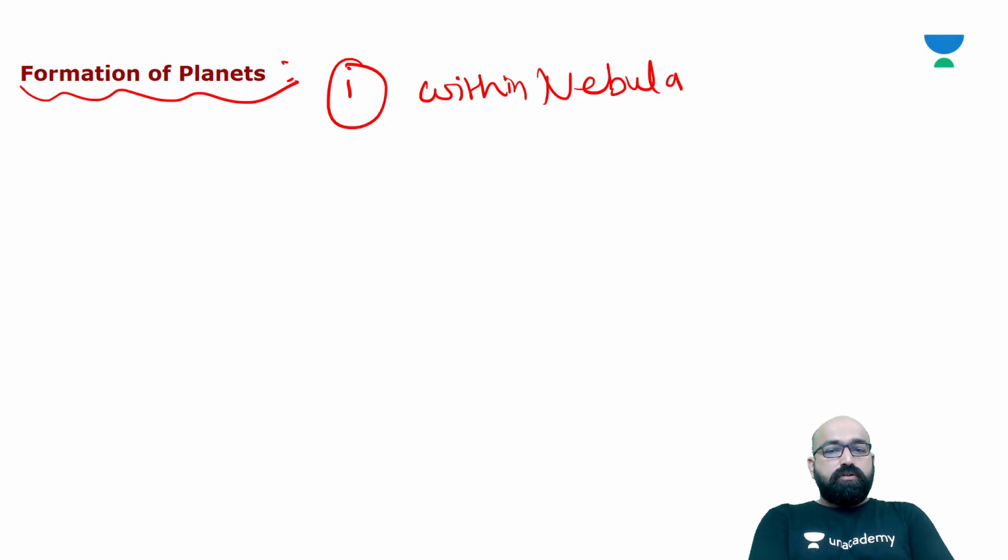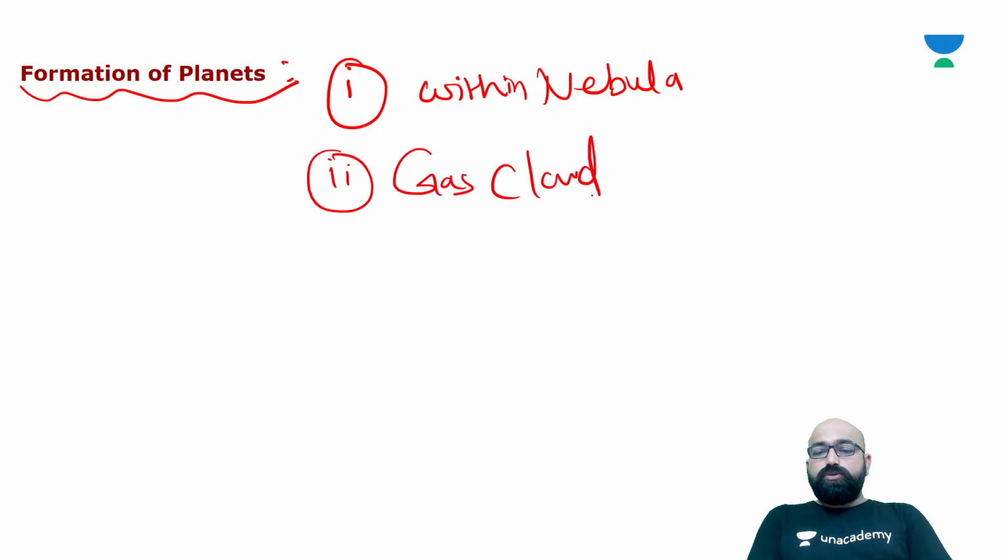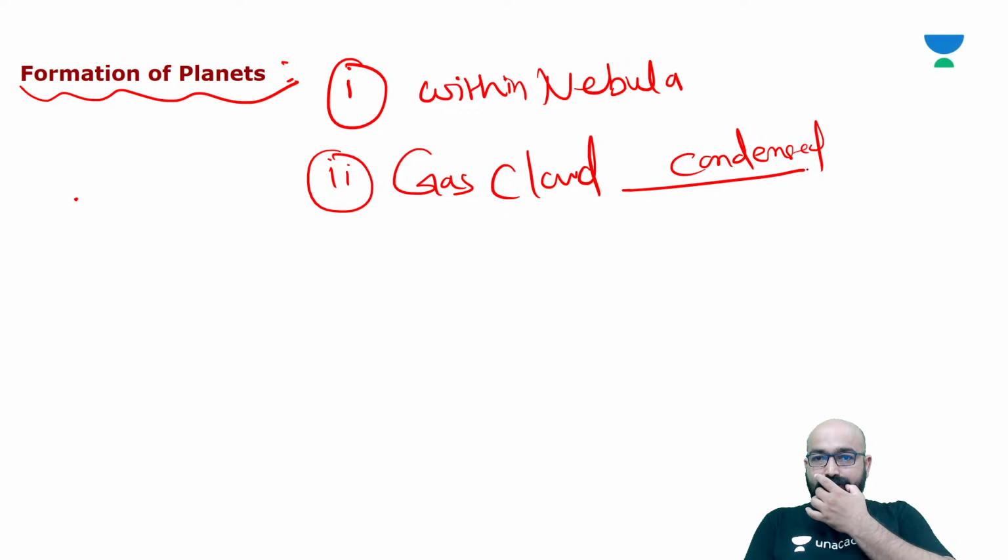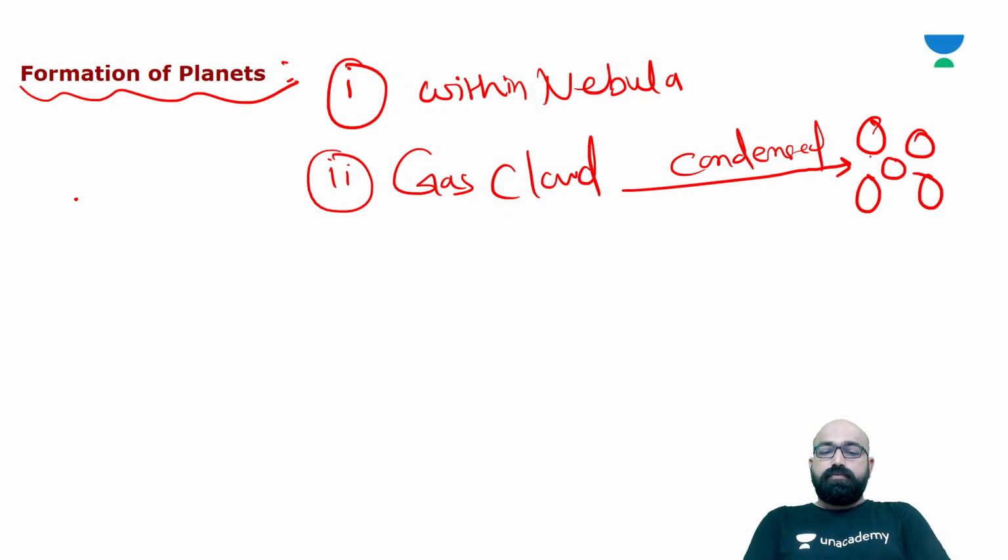Now, the second stage, where the gas cloud starts getting condensed, and the matter around the core develops into small rounded objects.